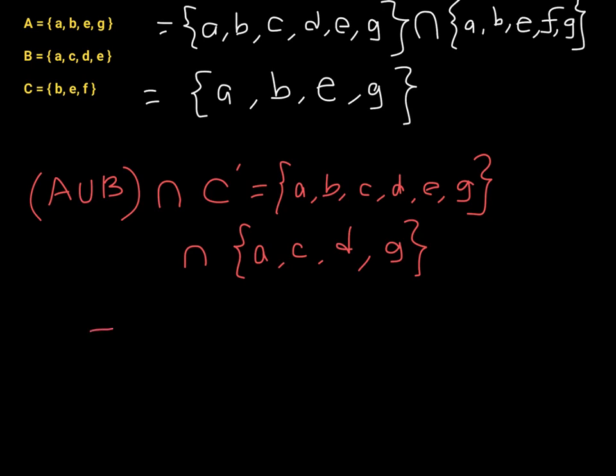Sorry if this is sloppy. So then the only elements that are in both are A, C, D, and G. Basically, the complement of set C is your final answer.